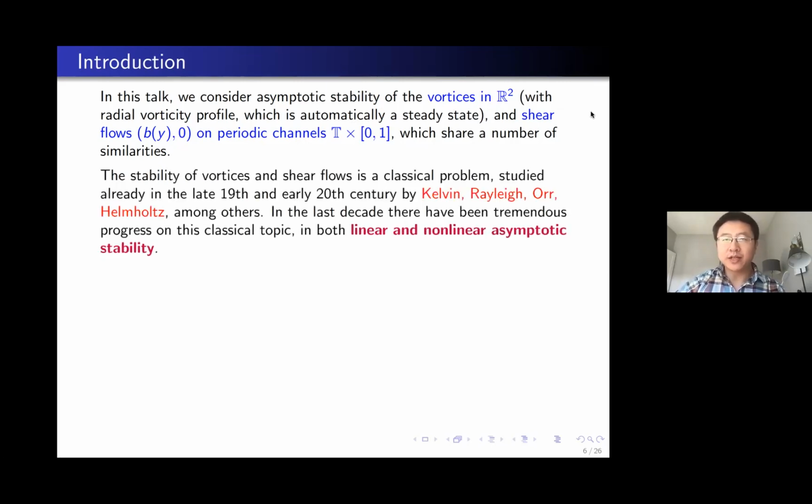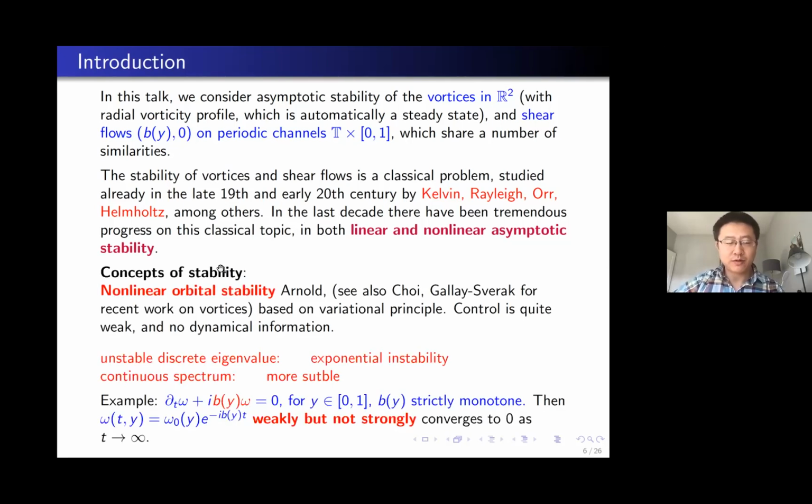The stability problem is a very classical problem and has been studied by many people, from the 19th and 20th century pioneers. More recently, we have had a lot of progress on this classic topic in both linear and nonlinear stability. Before we go into the details, it's worthwhile to discuss several different concepts of stability.